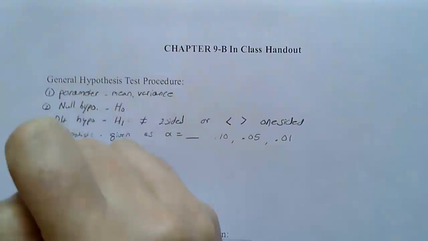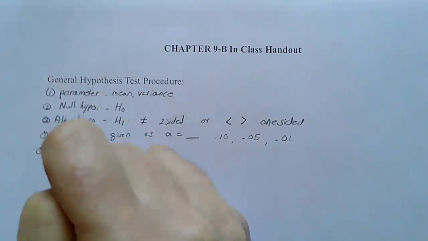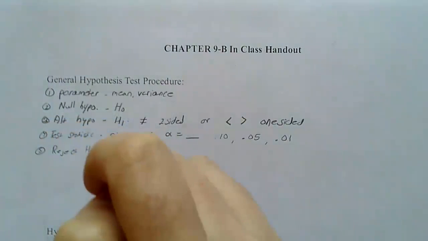So then we need to know when we are rejecting the null hypothesis. What is the criterion for rejecting the null hypothesis? And so again, this is going to be given to us.